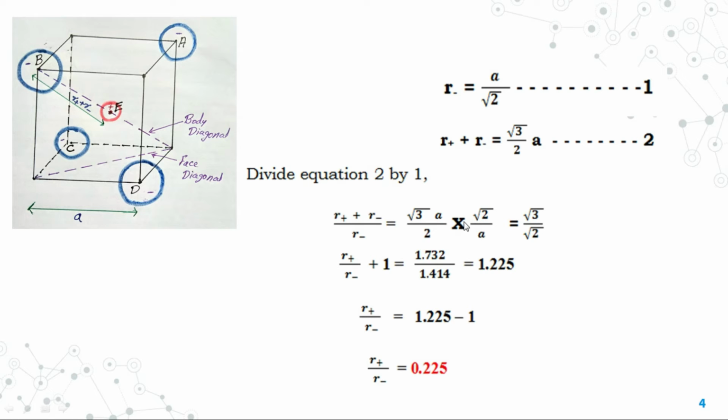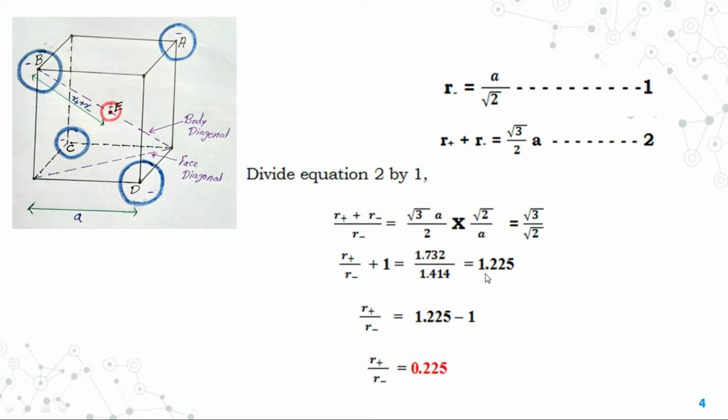The denominator of the denominator goes to the numerator, so we multiply by the reciprocal, that is root 2 upon A. Now A gets cancelled, root 2 and root 2 get cancelled, so the remaining is root 3 upon 2. In the next step I will split the left hand side term, that is R plus upon R minus plus R minus upon R minus, equal to 1, where root 3 is 1.732 and root 2 is 1.414.